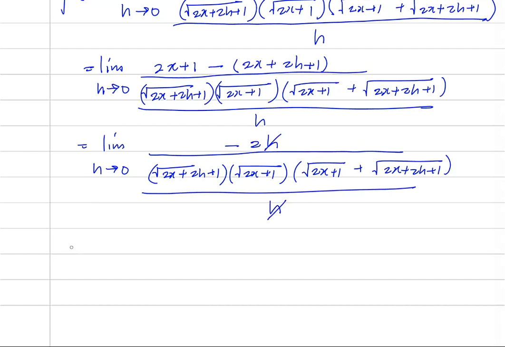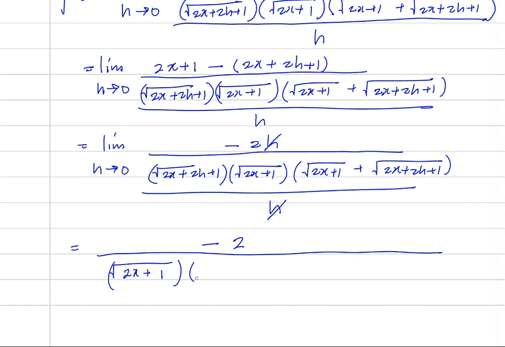So if we apply now direct substitution, I'm going to have minus 2 at the top. And we're going to have at the bottom the root of 2x plus 2 times 0, which is 0, plus 1, multiplied by the root of 2x plus 1, multiplied by the root of 2x plus 1 plus, this is what?